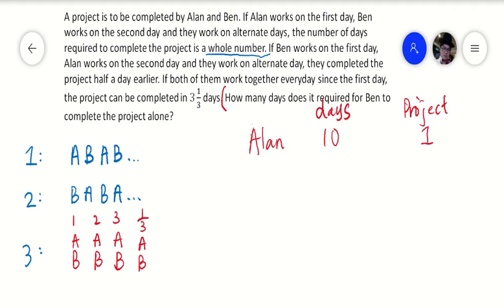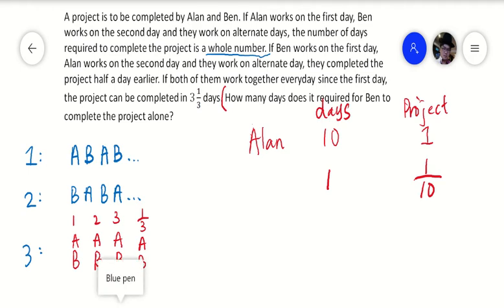So for one day, Alan is going to complete 1/10 of the project. So for 10 days, Alan is going to complete one project.